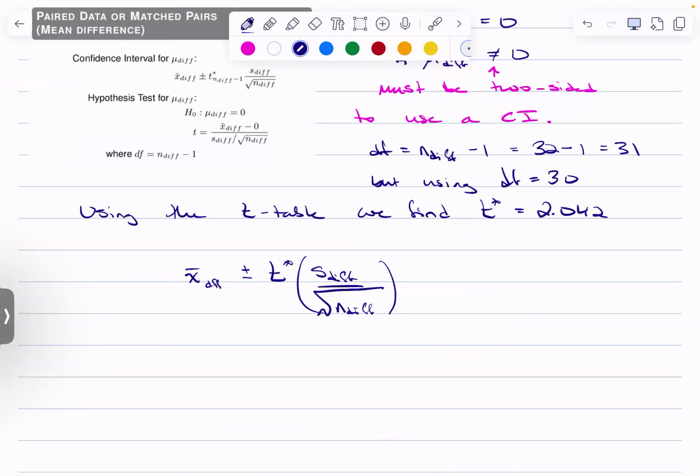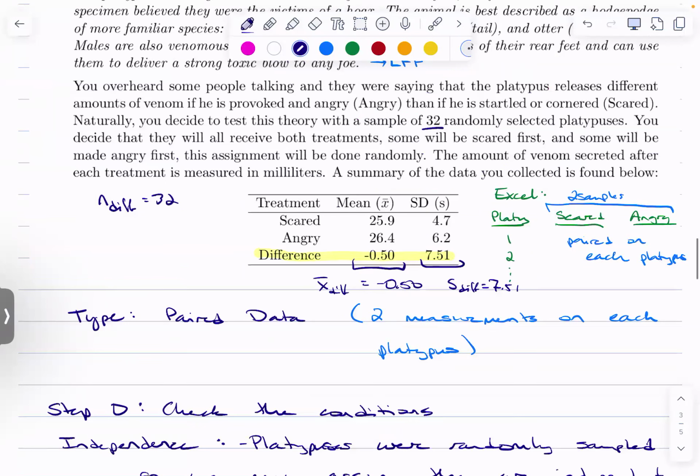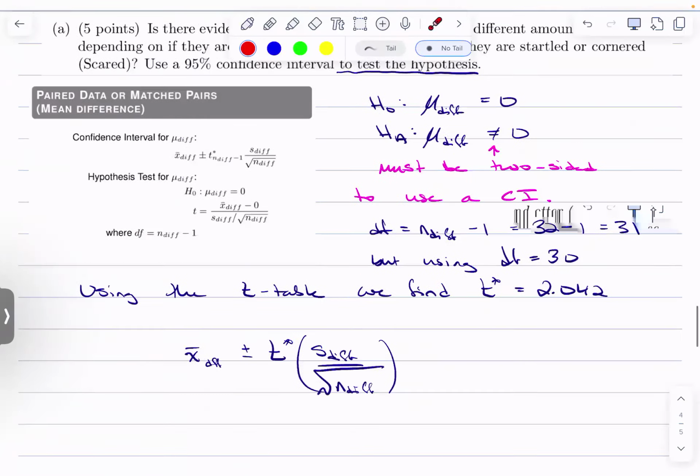Now we have all the components that we need. We have X bar diff, which was way up here, negative 0.5. We have S diff, which was 7.51. Let's jot those down.